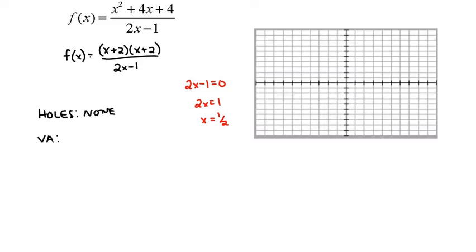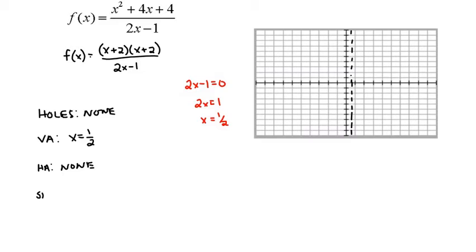Your vertical asymptote is at x equals 1/2. It's also a little difficult to graph because normally your graph paper does not have halves on it. For the horizontal asymptote, the degree of the top is bigger than the degree on the bottom, so there is none.